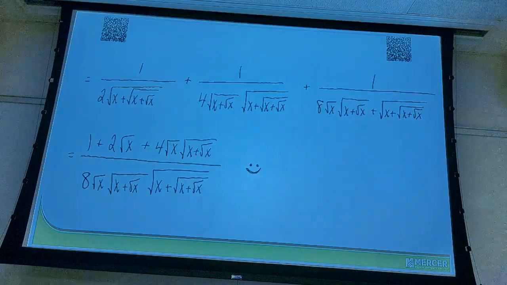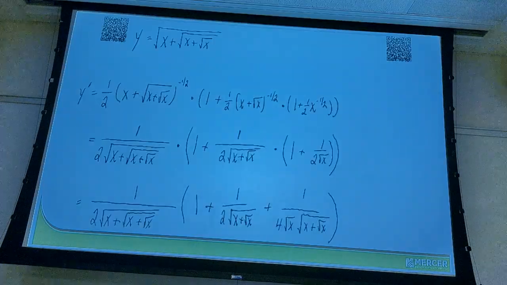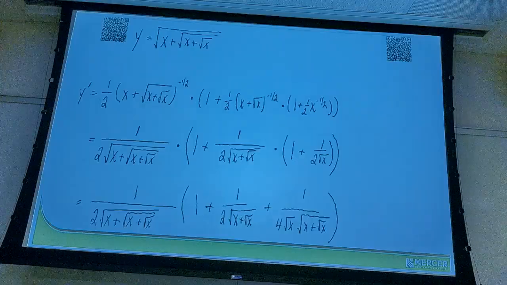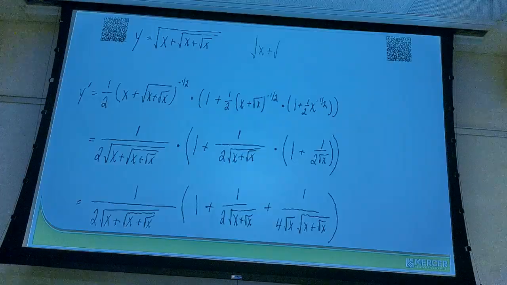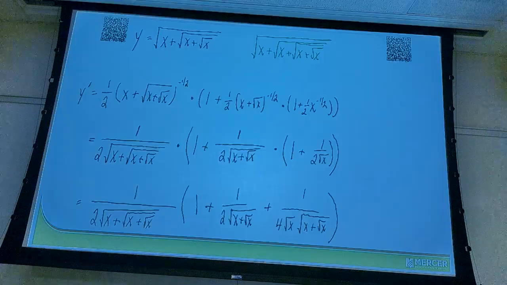So let's do it. What's the original function again? A triple nested square root sum. It just looks like a square root. So I could challenge you now to do a fourth one. Right, so add a fourth one in there. I mean, you could just take the answer and then change it slightly without having to do paperwork.